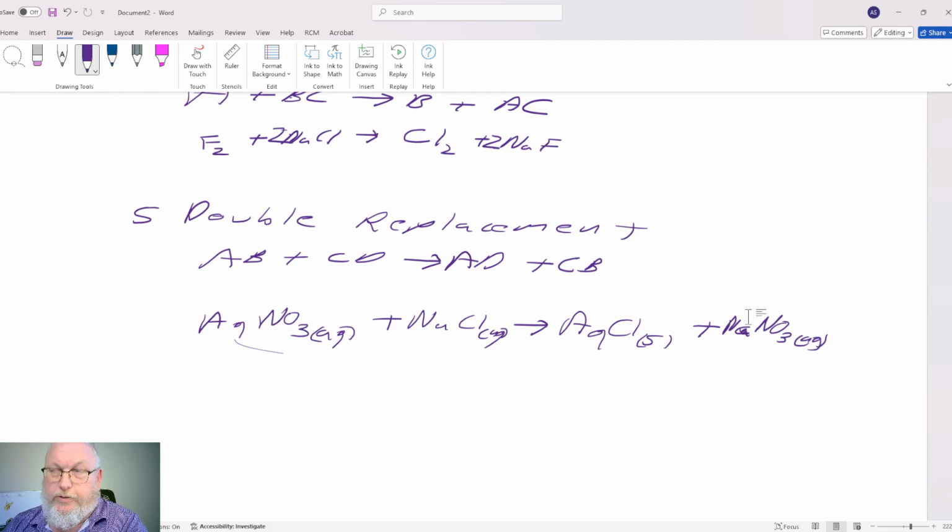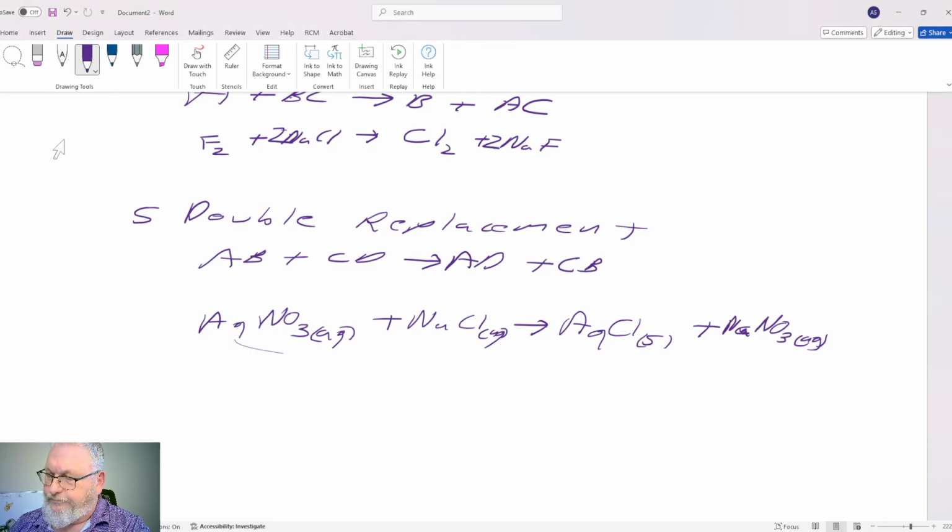All right, sodium, nitrates, ammonium, or phosphates, potassium. All that is aqueous. It's soluble. All that's soluble. Silver chloride is not. It precipitates out of solution.